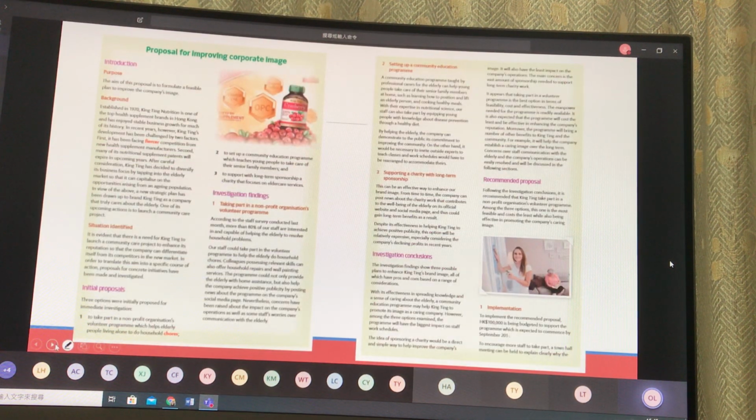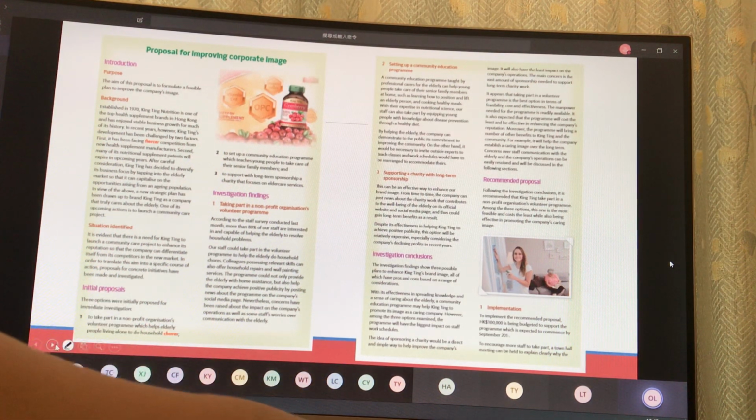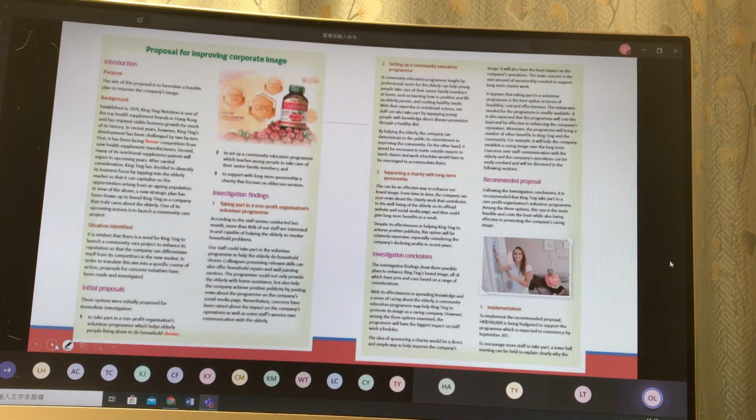Alright, so here is a sample proposal that you can find in the textbook in chapter 7. Okay, this one has all of the important parts of a proposal that you will need when you write the exam. Okay, so it has the introduction, including purpose, background, and situation identified.